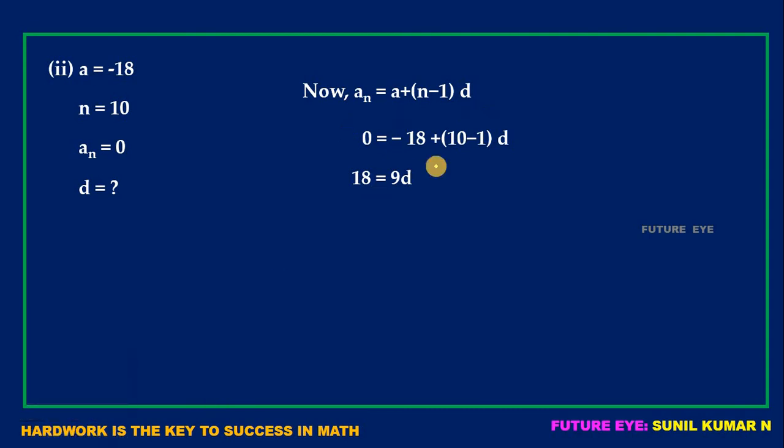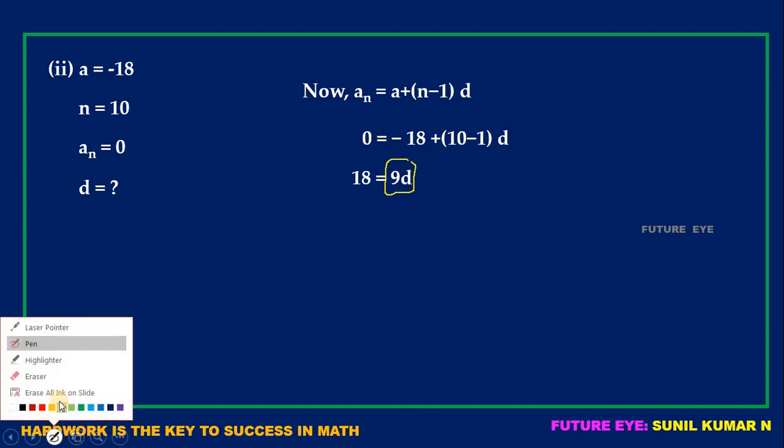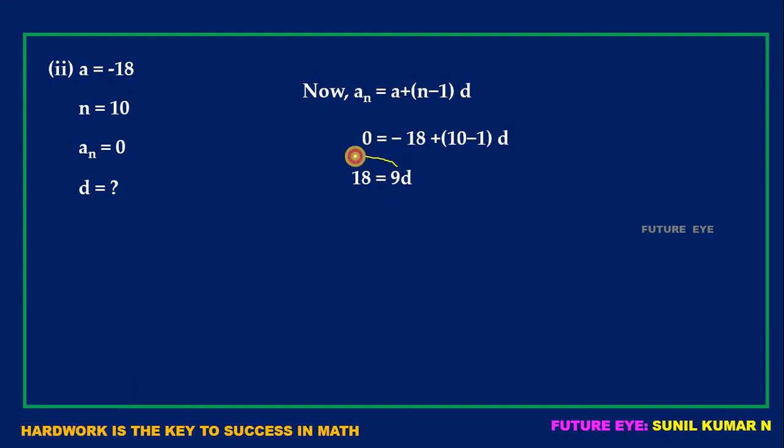Now you tell me, children, 9D means it is 9 plus D or 9 into D? So 9 times D here. Hence 9 into D. When multiplication 9 is transferred this side, it goes to the denominator. So now 9 and 18 we can cancel. 9 ones are 9 and 9 twos are 18. Therefore D value is how much? That is 2.